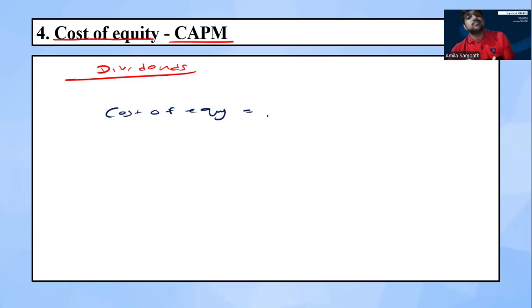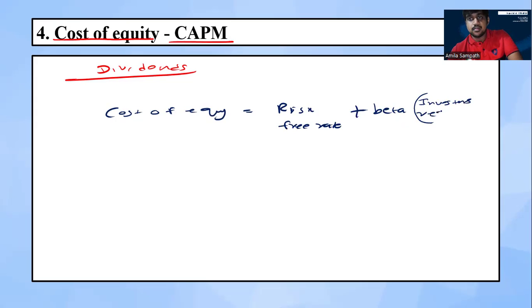Let's see how we can calculate this using the CAPM formula. For that purpose, we need the risk-free rate plus beta of the company multiplied by the investors' required return minus the risk-free rate.